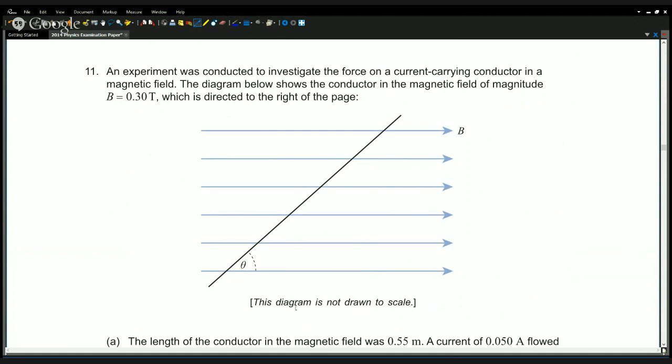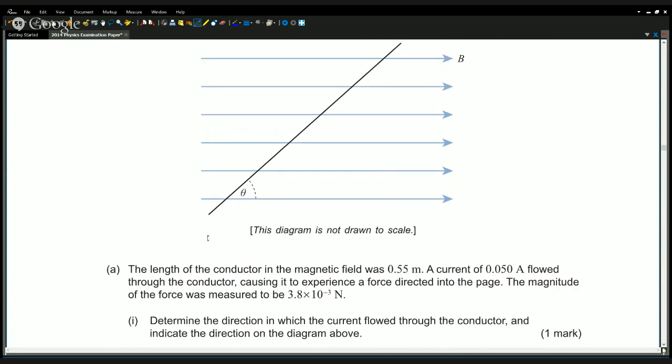My students were having a hard time with magnetic fields which were not directed into the page, so I have to go through the solutions to their test with them. The length of conductor in the magnetic field was 0.55 meters. A current of some amperes flows through the conductor, causing it to experience a force directed into the page. The magnitude of the force is measured.